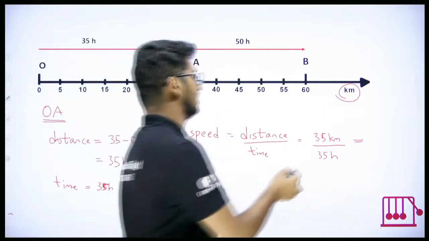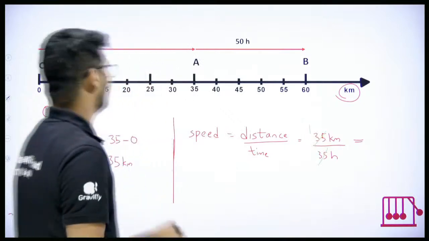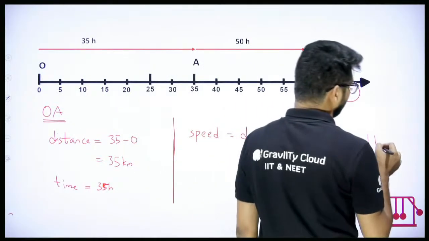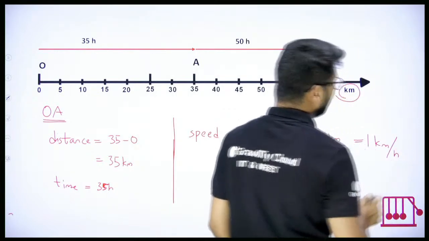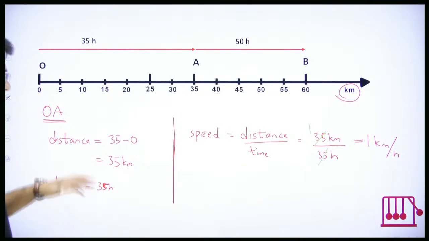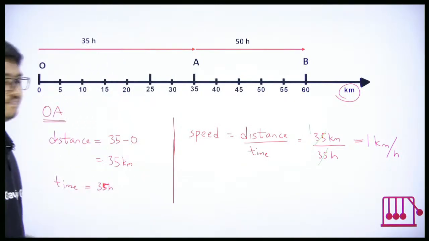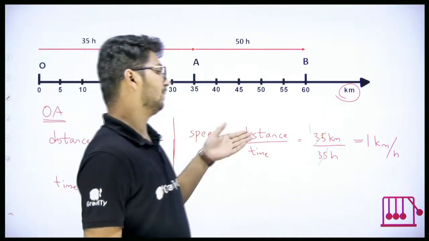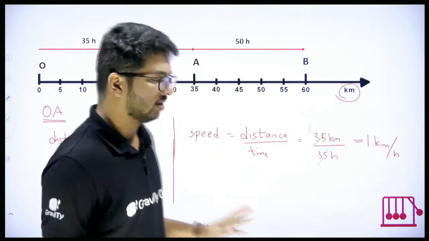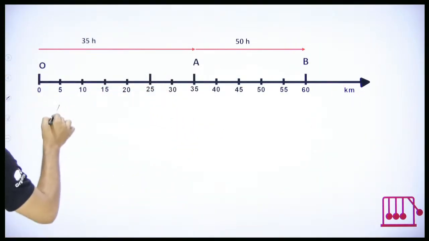Can we cancel? Yes. 35 ones are 35. So what will remain? 1 will remain. So what is the speed here? The speed is 1 kilometer per hour for OA. So first we find out distance, then we find out time, and then we use the formula speed is equal to distance by time. Simple? Clear? That's for OA.